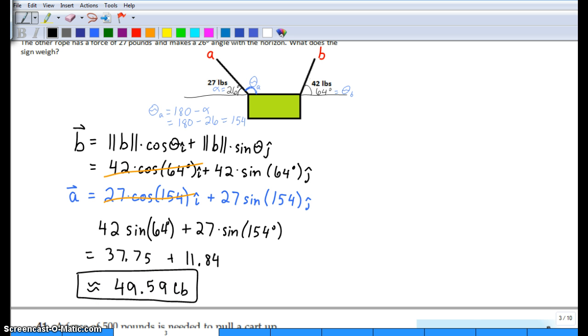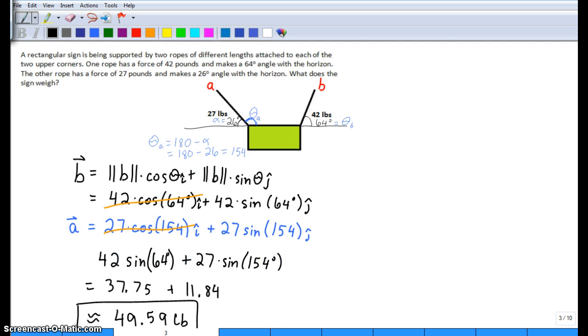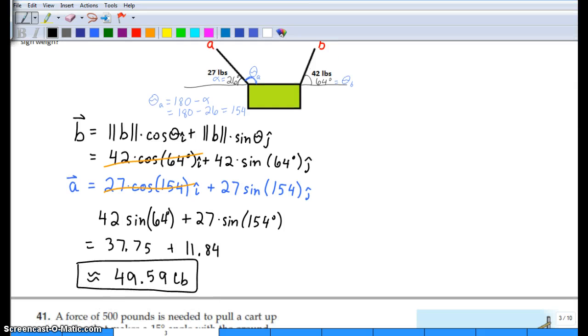So given a box with two cables, and you know the forces on the cables, you just need to find the mass. What you're really being asked for is the total amount of y force in each vector. To do that, you take magnitude times sine of theta, where theta starts at 0 and works its way around. You add those two together, and in this problem, you get 49 pounds.